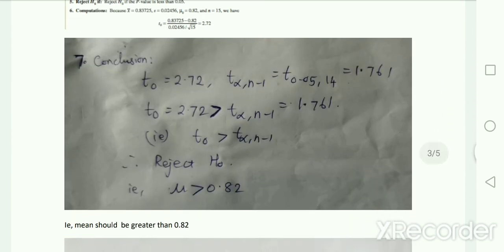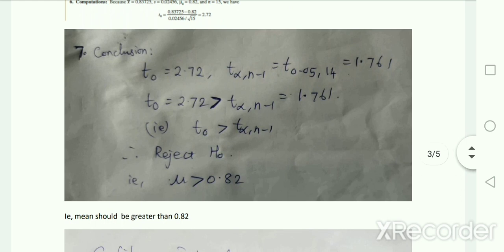We have to verify the table. So 1.761. Okay, so here t naught is 2.72 and t alpha comma n minus 1 is 1.761. But 2.72 is greater than 1.761.